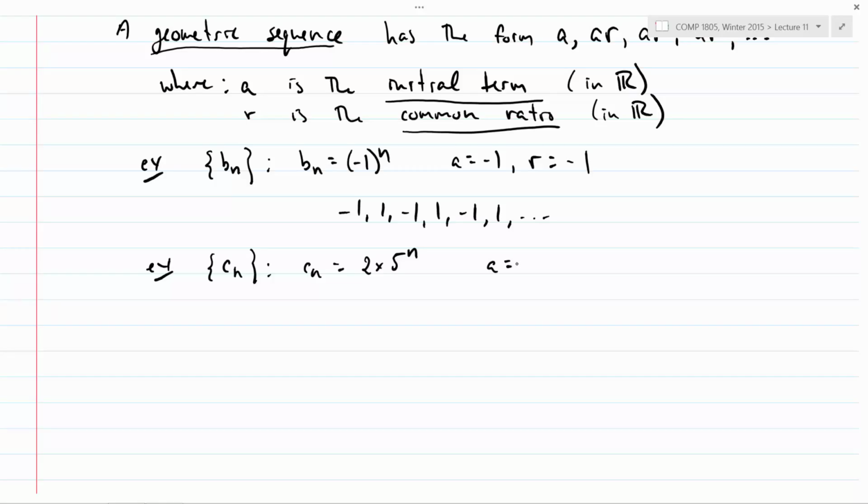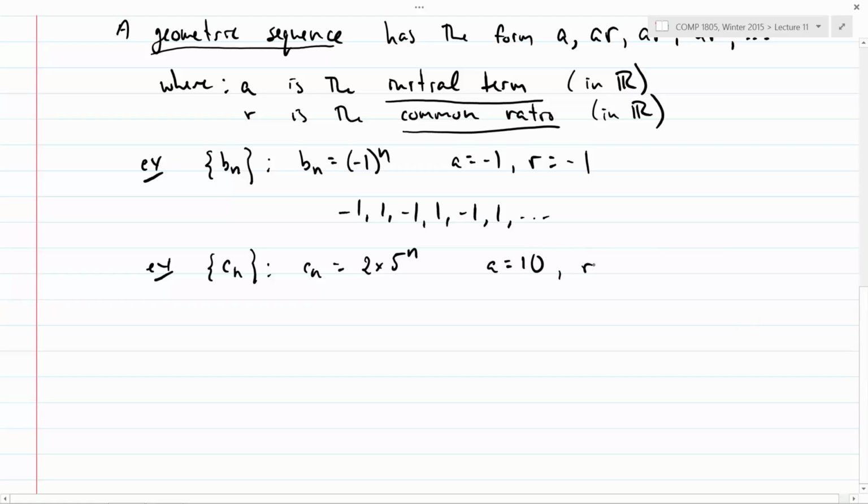Any ideas? So remember, a is the initial term. It's the very first term. So that's when n equals 1. Yeah, it's going to be 10. When n equals 1, 5 to the n is 5 to the 1, which is 5, and 2 is just 2, so it's 2 times 5, which is 10.